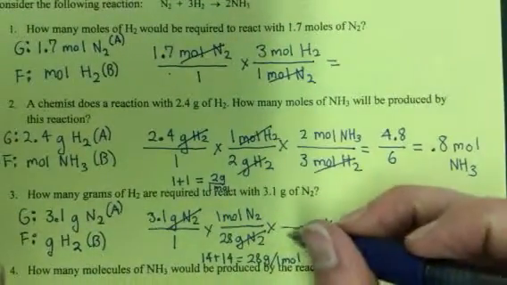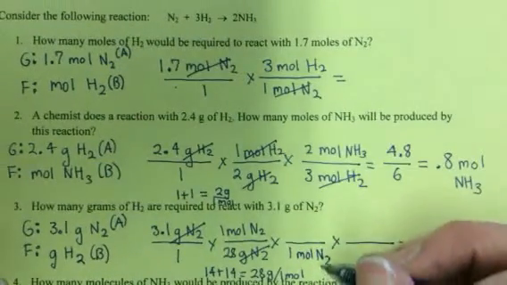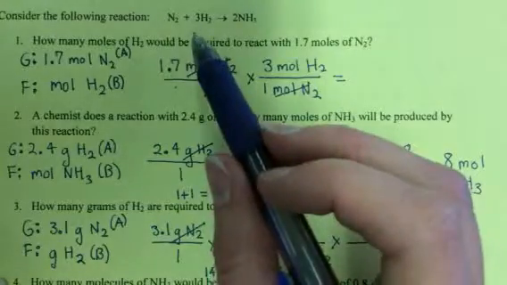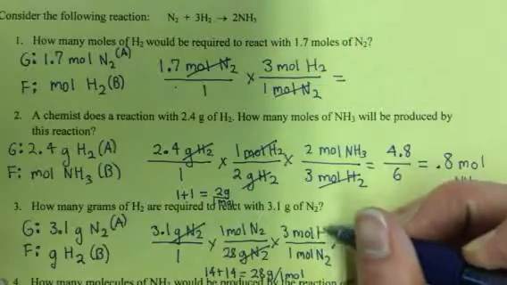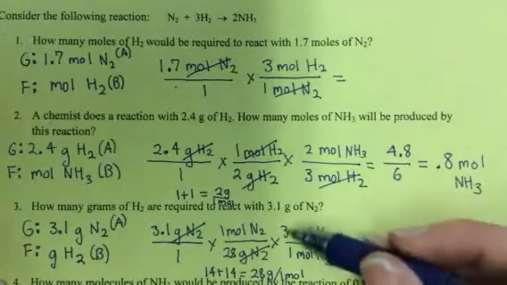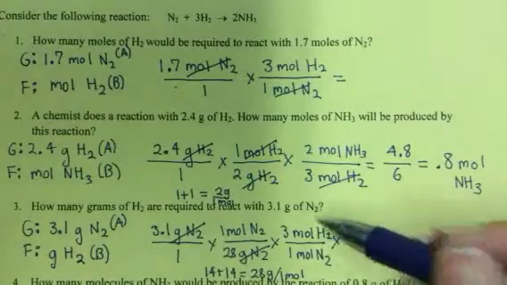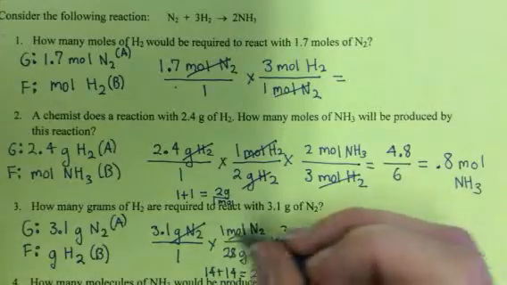So I can just put down here 1 mole of N2. And then I want H2 to be on the top. So I'm going to put 3 moles of H2 on the top. This is just saying that for every 1 mole of N2, I need 3 moles of H2 to react with it. So that's what this is actually saying. My moles will cross out.